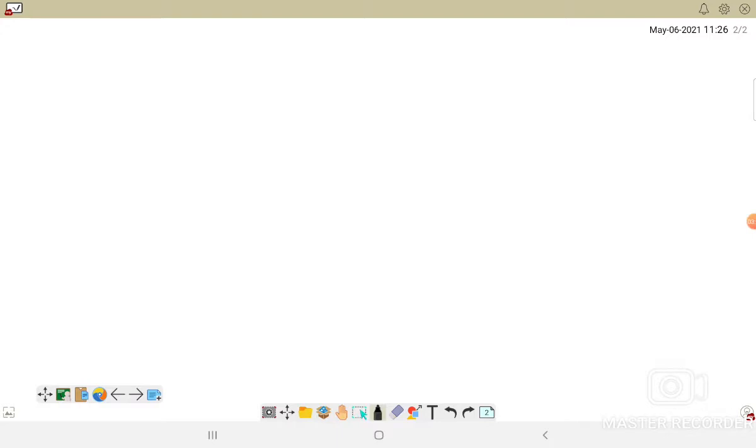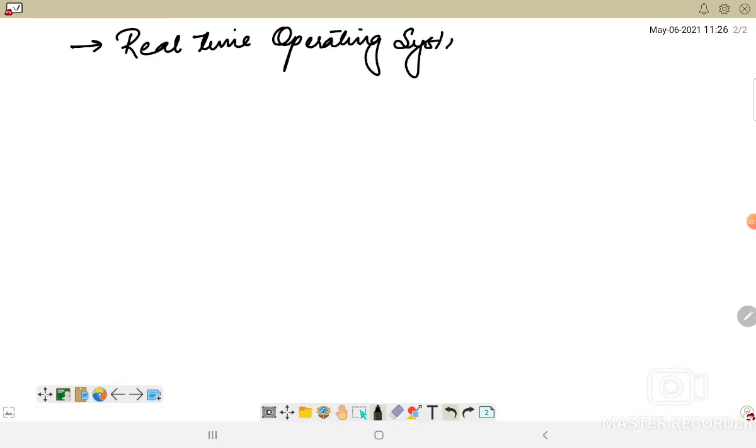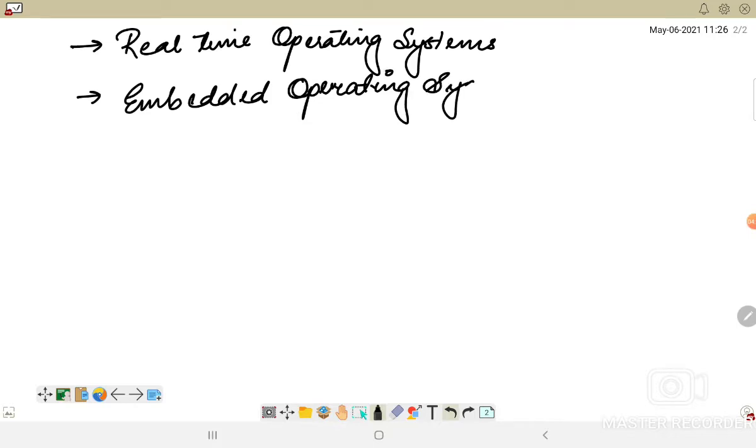Talking about these real-time systems, they can be categorized into something which we have already been doing, which is real-time operating systems. Then we have embedded operating systems. Such type of operating systems are a very common system in your embedded systems.